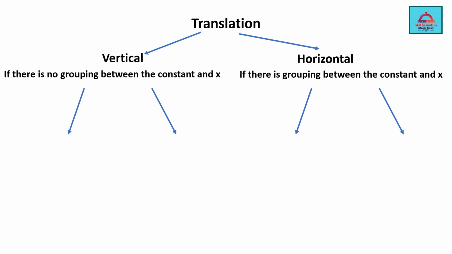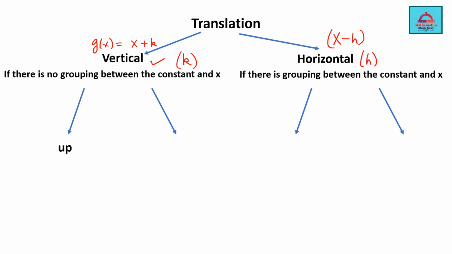So I'm just going to write here. If your g of x is of the form x plus k, that is there is no grouping, then you have vertical. You are going to look at the value of k and decide whether the graph is going to move up or down. And for horizontal you have h. Here you have grouping, so it will be x minus h. It will be together.